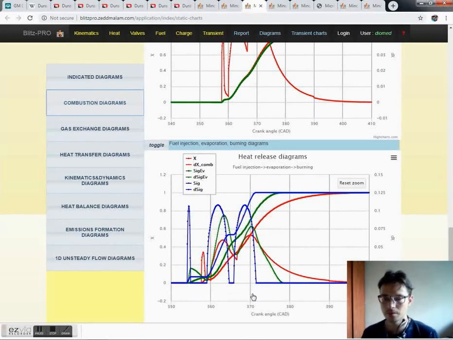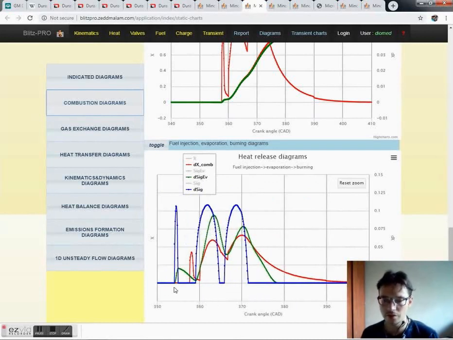And this combined diagram also is pretty interesting. So let's just wait. We can see this triple injection: pilot injection, first main injection, second main injection, and it is obvious how we control the fuel evaporation and fuel combustion to make sure it takes place very fast, but not too fast.